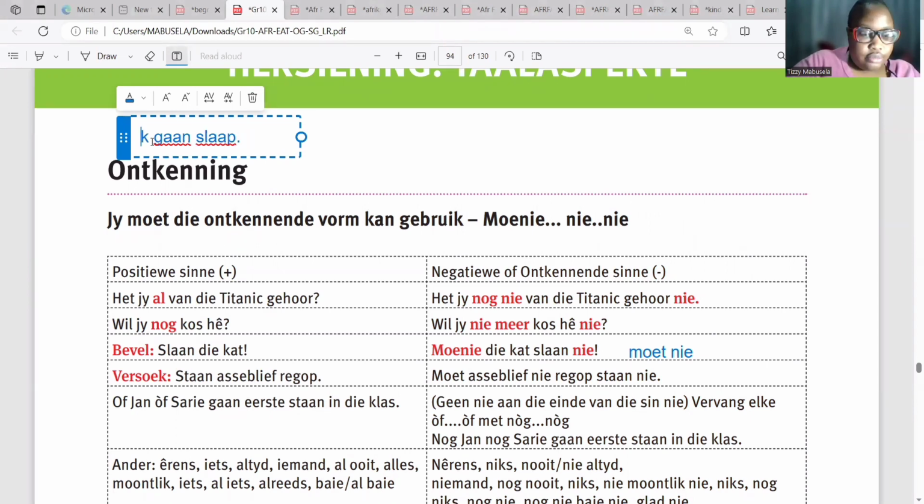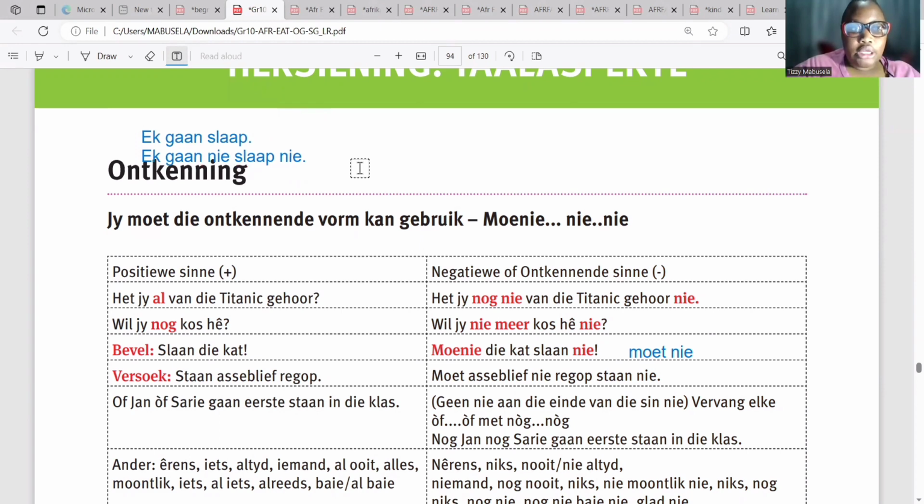So if I want to make the sentence negative, I'm going to say ek gaan nie slaap nie. So do you see the double negative that I use here?